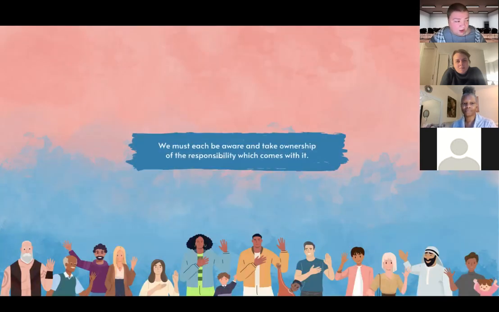As we approach the Bible, we must be aware and take ownership of how we use it. Almost like taking a Hippocratic oath, do no harm.